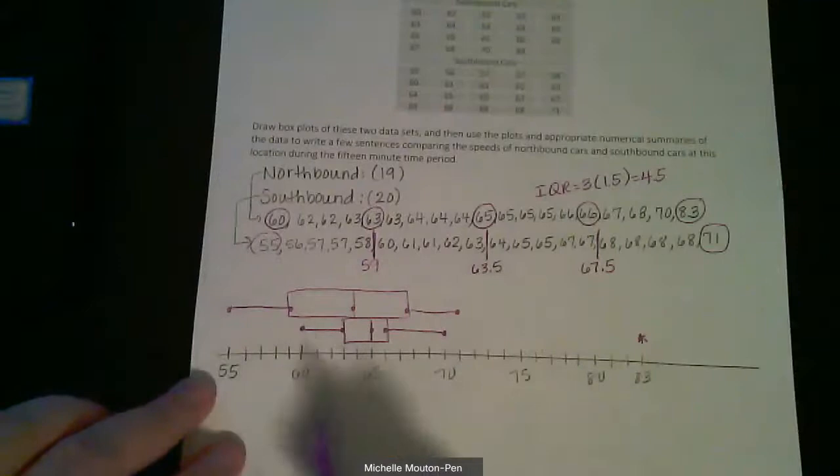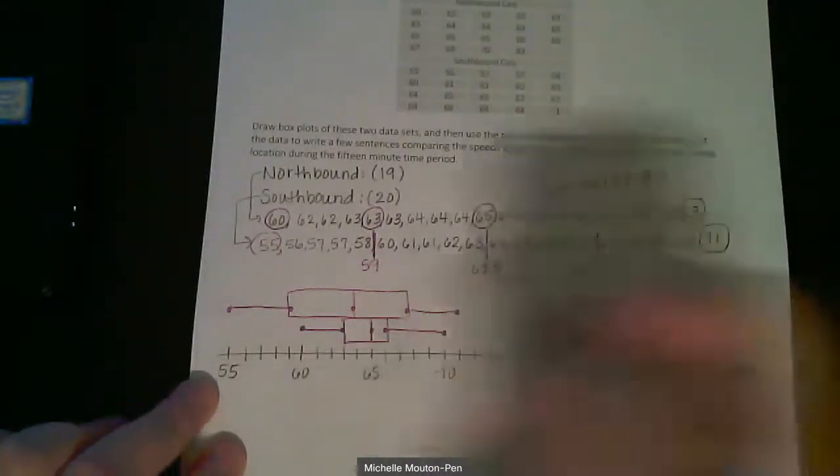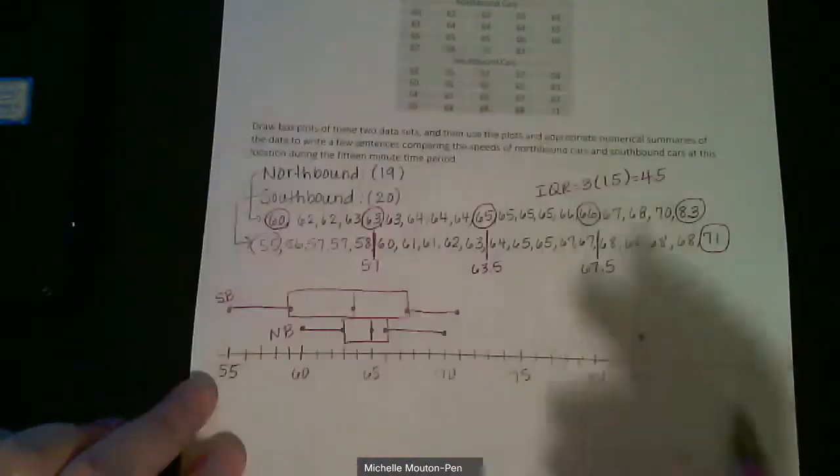Okay, so these are our two data distributions through a box plot. So this one right here, I'm just going to label it northbound, and I'm going to label this one southbound.